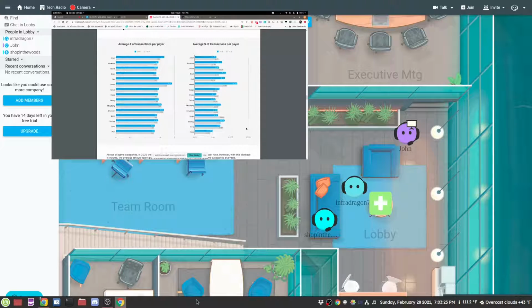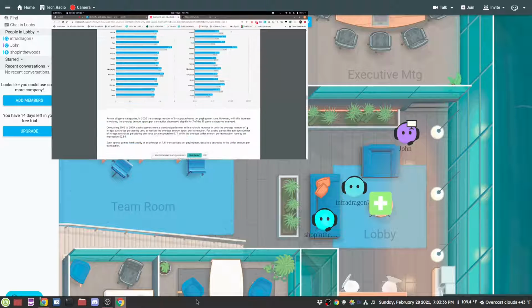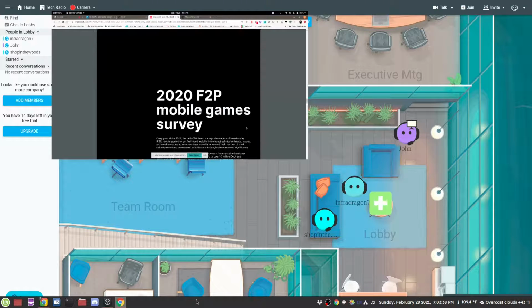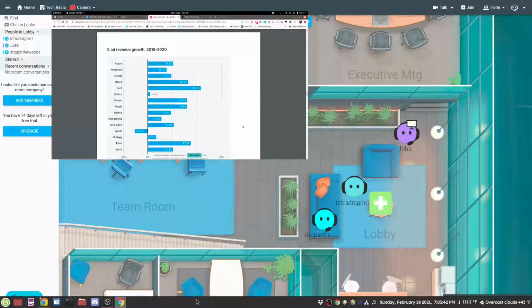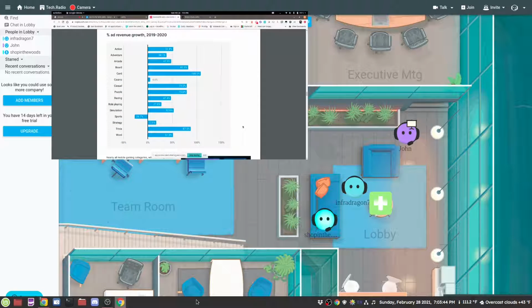In the long run, we might find out when we know the sociology and demographics that go with it. These might be games that appeal to an older audience that was very much affected by the pandemic and very isolated. Maybe it was the older generation, and the games they feel comfortable playing are card games and trivia games. That's true. Single player. And again, this is a correlation, not a causation.